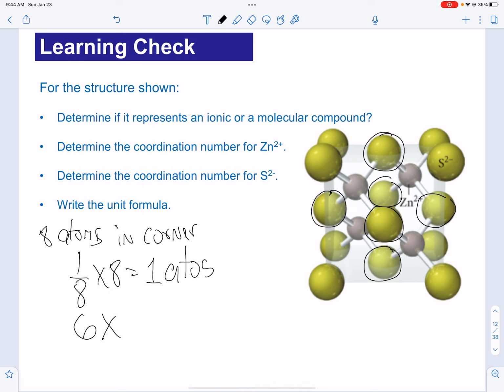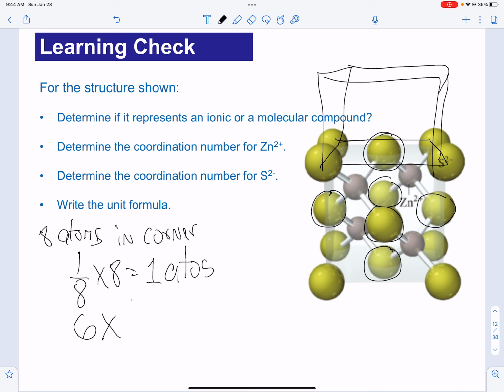But for this particular unit cell that we're looking at, only half of that atom belongs to it. The other half belongs to the one on top or the one on the center or something like that. So only 1/2 of the ones on the faces belong to the cell. So this is the same as 3 atoms.